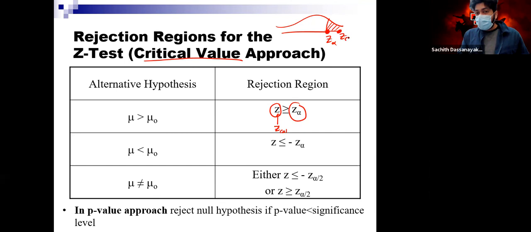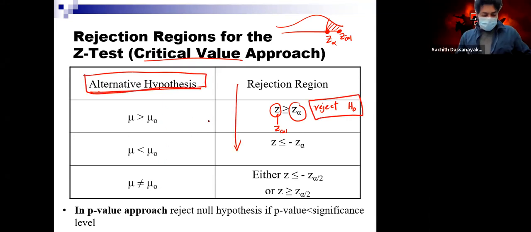So no problem, we have to reject our null hypothesis, H naught. But still I'm not telling you we accept the alternative hypothesis; we reject H naught, so we have to consider the alternative hypothesis.